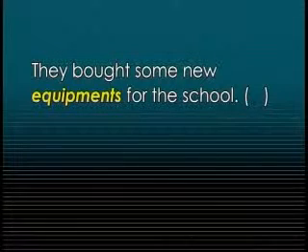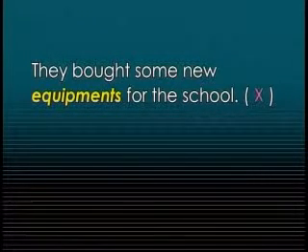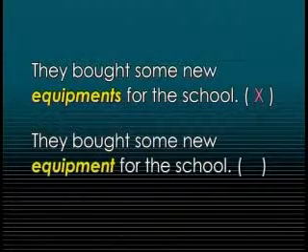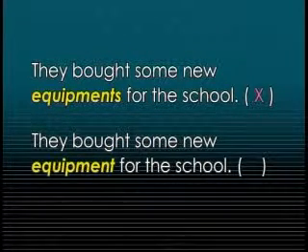Here are a couple of common mistakes made using countable and uncountable nouns. Some nouns that are uncountable in English are countable in other languages. This can cause mistakes. For example, equipment is singular in English, so it is wrong to say, they brought some new equipments for the school. Even if we are referring to many items, we say, they brought some new equipment for the school.